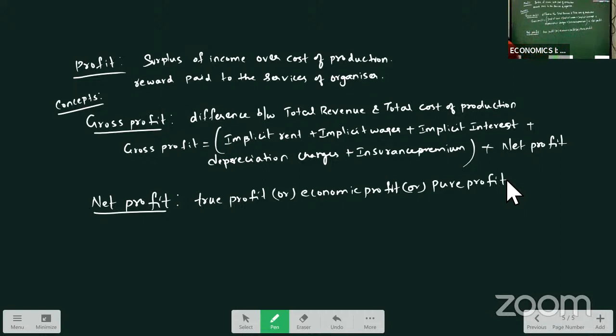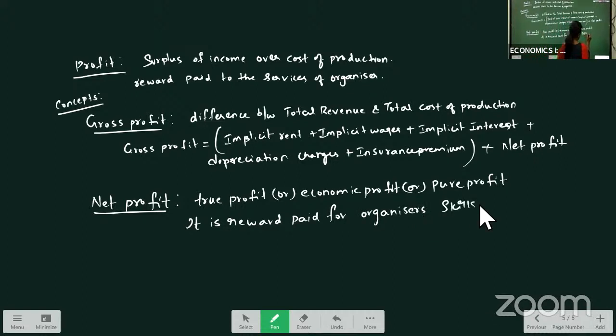Means once the producer, the organizer, is receiving the reward for his skill. So here we can say that it is the reward paid for the organizer's entrepreneurial skills. So what is net profit? It is the reward paid for the organizer's skills.